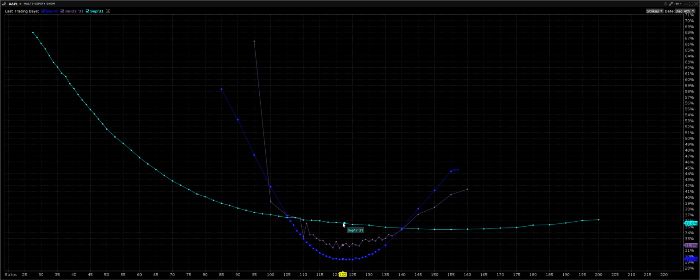About a 6% difference there in volatility terms for the same strike price. So that gives a little mathematical edge. So that's kind of what we're talking about.